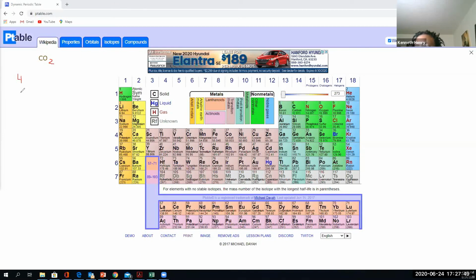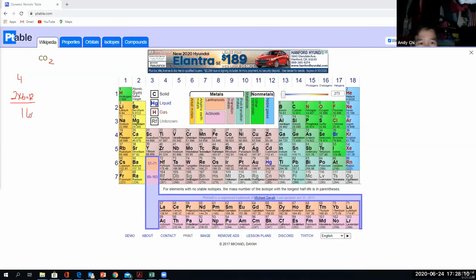And each oxygen has how many? 6. So 2 times 6? 12. So all together, we have how many valence electrons? 16. So we have 16 valence electrons. That's what we're working with.